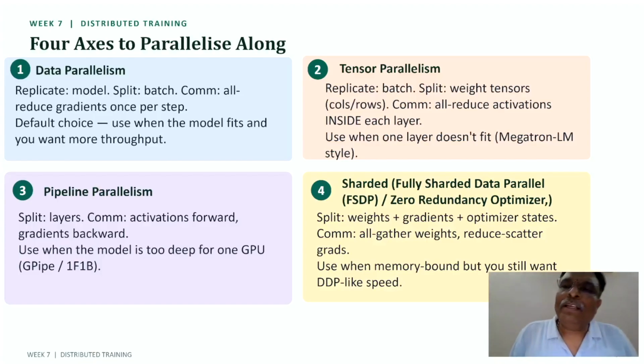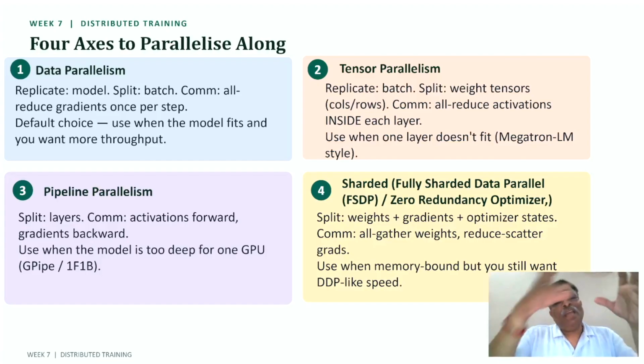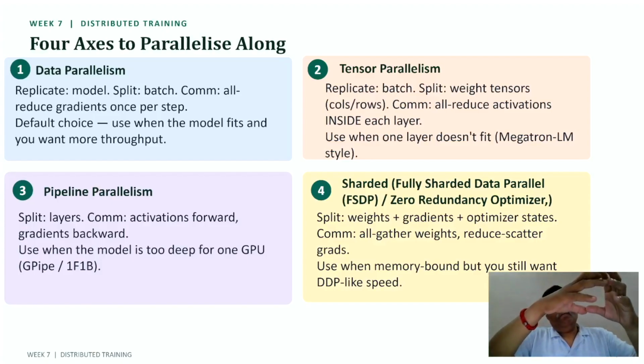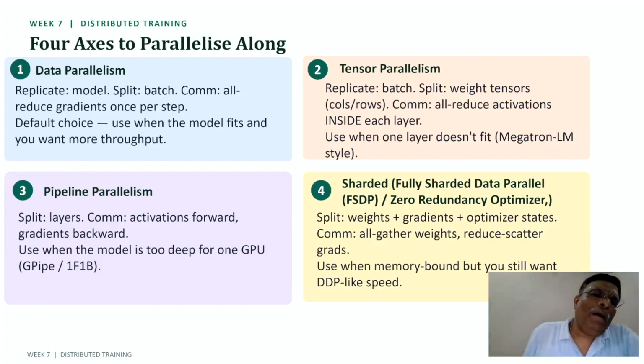For example, for a model like Megatron, we can use this type of parallelism. Pipeline parallelism basically tells us we can split the layers, and the communication is the forward activations, and gradients actually have the backward pass.